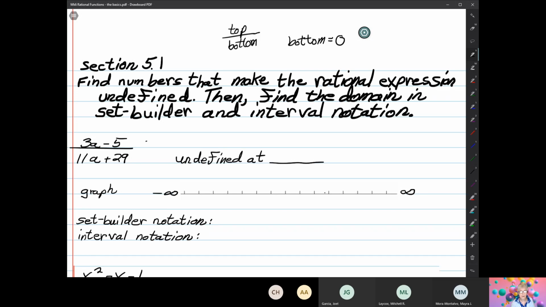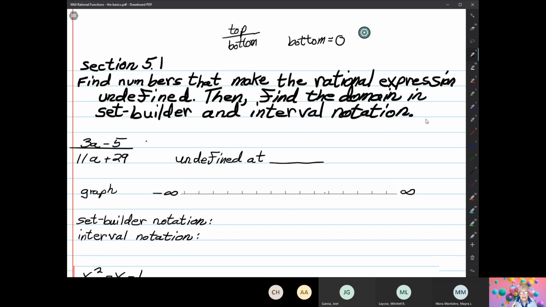So here we go. We're going to look at different rational expressions. And we are going to find the numbers that will make the rational expressions undefined. And then we're going to write what the domain is, because these two questions go together.